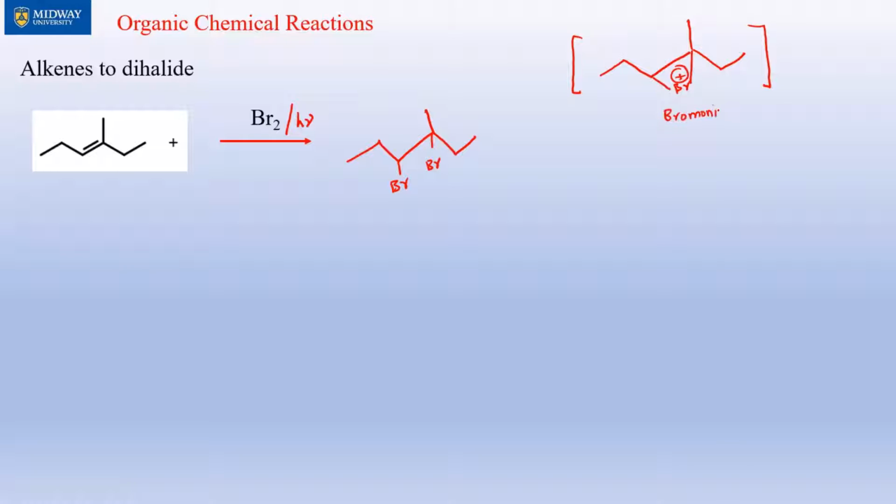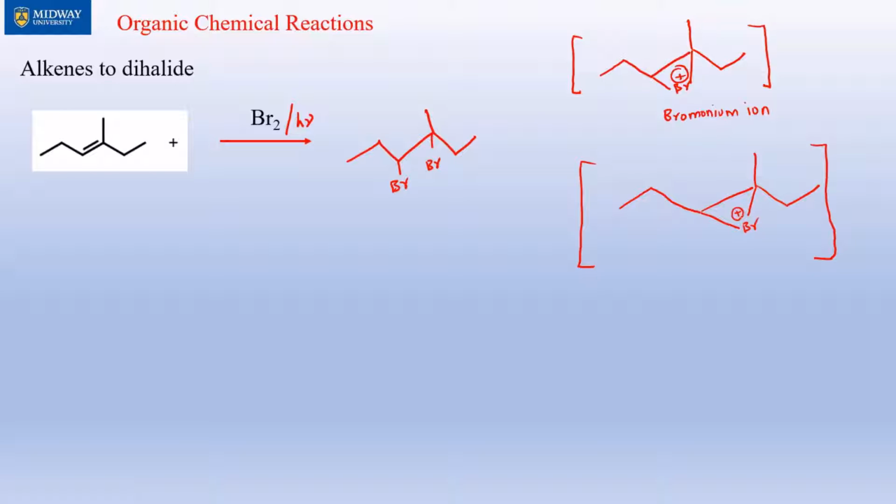Let me rewrite it. Whatever carbon contains the double bond, you want to draw a triangle, put a Br and a plus, and then continue with the rest of the molecule. This is a bromonium ion.